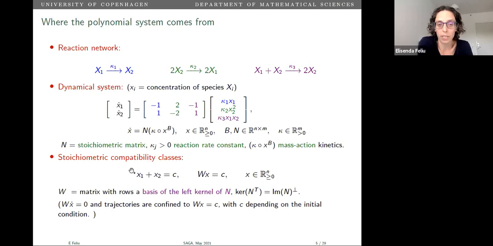So if I have a matrix W such that WN is 0, then W x dot is 0. And that means that the trajectories are constrained in these spaces of the form Wx equals c, right? So the system is not n-dimensional, it actually has a lower dimension.